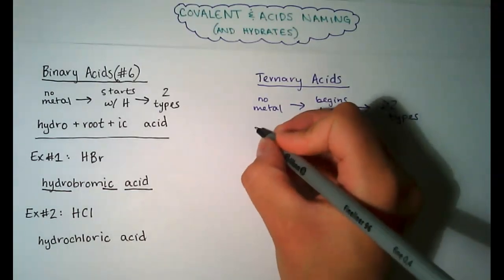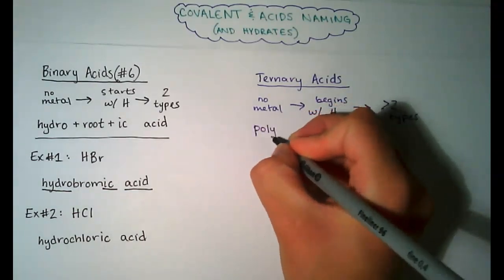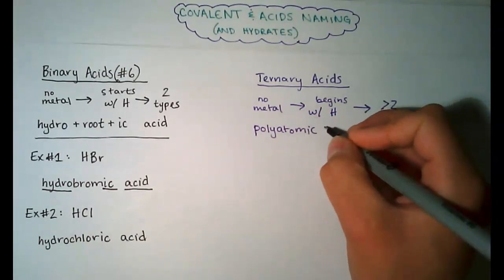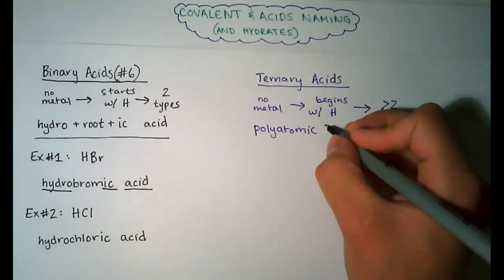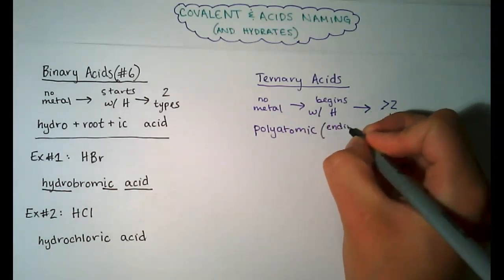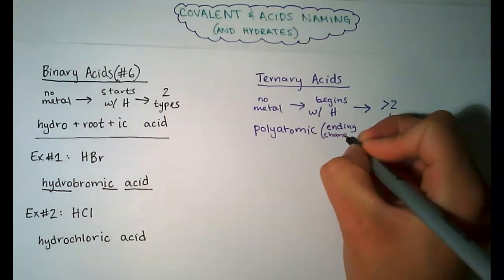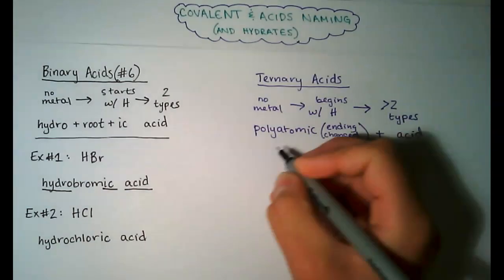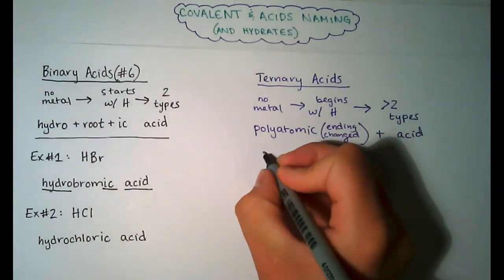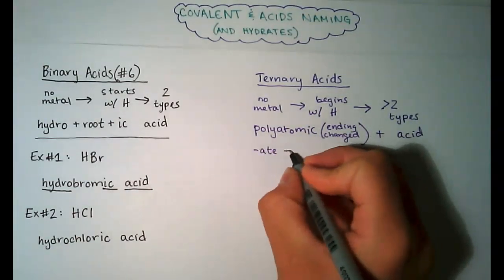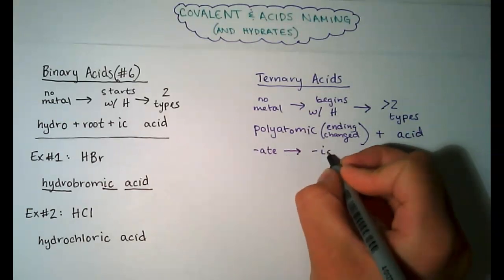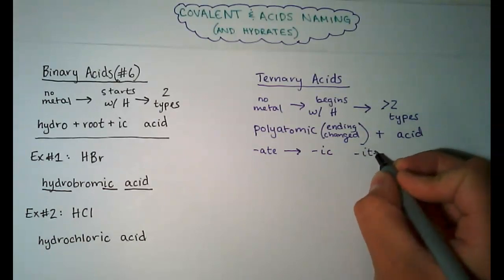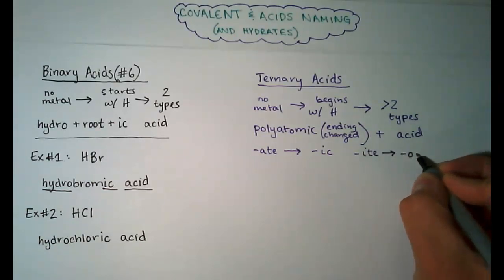We just take the name of the polyatomic ion, and then we change the ending to either ic or us, and then we add the word acid. So if the polyatomic ion ends in ate, we change the ending to ic, I-C. And if the polyatomic ends in ite, we change the ending to us, O-U-S.